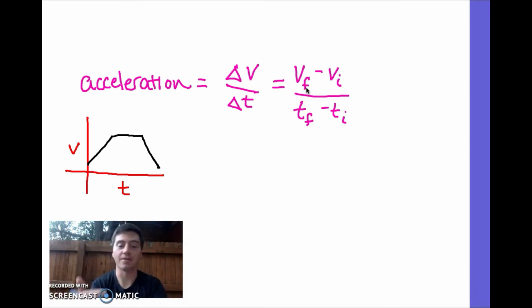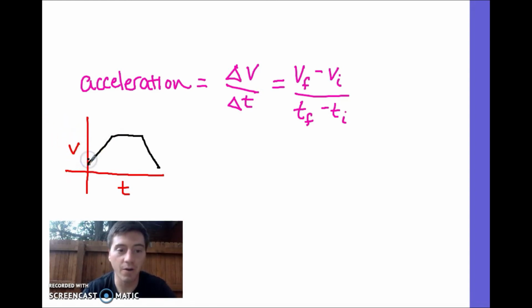Just like time, if you take the final minus the initial, that's how much you changed in that time. So you'll recognize that this looks very similar to the velocity formula, which also looks very similar to the slope formula. So again, you can find that on the graph here.